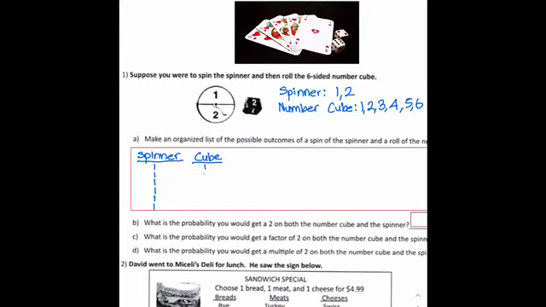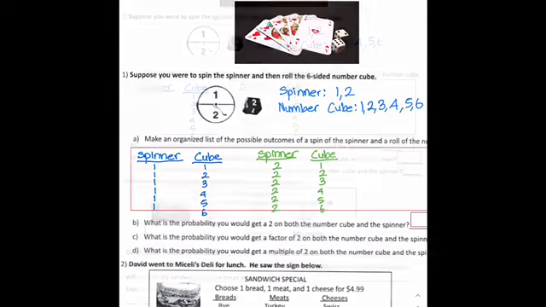Let's do the same for the second outcome for the spinner, 2, and again 1, 2, 3, 4, 5, 6 for the cube.